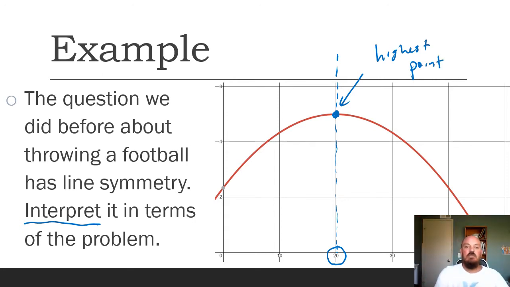But the fact that it's symmetric means this part right here, where the football is going up to that point, is exactly the same as this part right here, where it comes back down. That's what it means to be symmetric. You throw this football, it starts going up, up, up, and as soon as it hits that highest point, it comes back down in the exact same way that it went up. So up and down are basically the same arc, and that's what it means to interpret it in terms of the problem.